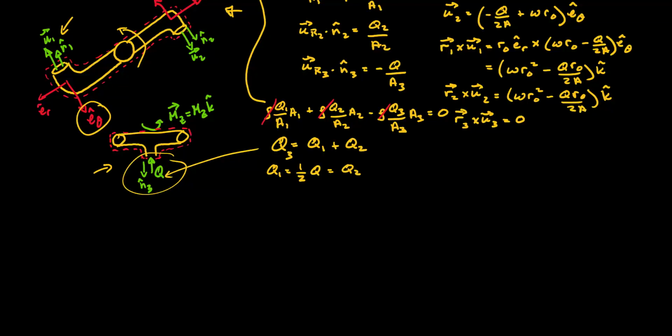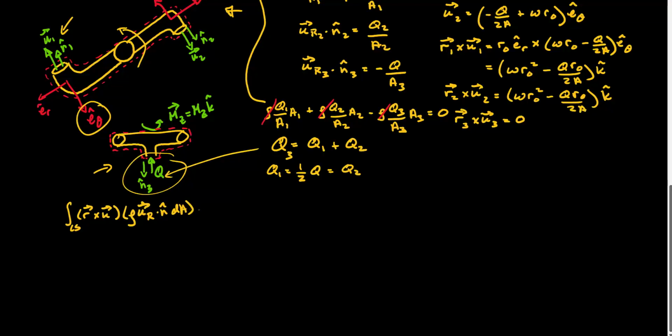Okay, so all we need to do now is work out these terms, multiplying the angular momentum per unit mass by our fluxes that were found earlier. So we want these three terms.